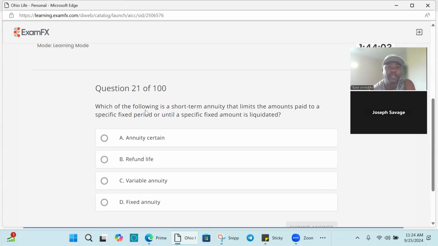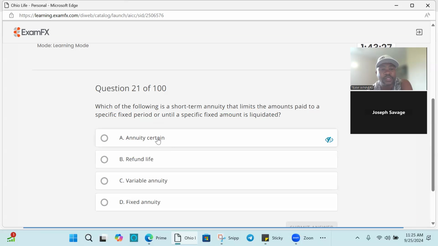Which of the following is a short-term annuity that limits the amount paid to a specific fixed period or until a specified fixed amount is liquidated?